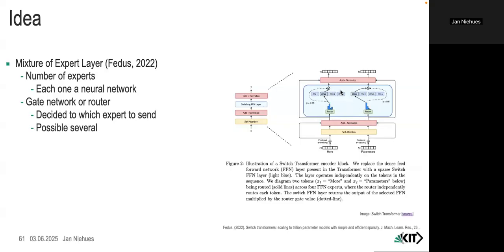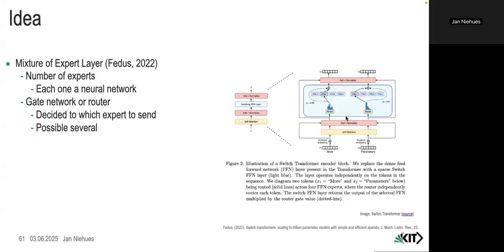So you have a number of experts, in this case 4, and each network is, in our case, just a feed-forward neural network. So you have 4 neural networks in parallel, but the difference is we're not stacking them, we're putting them in parallel, and then we have a gating mechanism to decide which ones we choose. So for computation, it's mainly the same as having 1, but we now have our gate network or router, which decides which network we use.